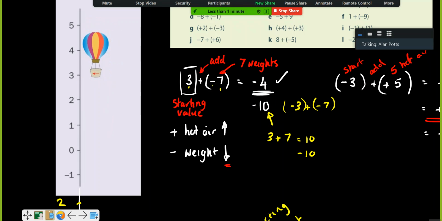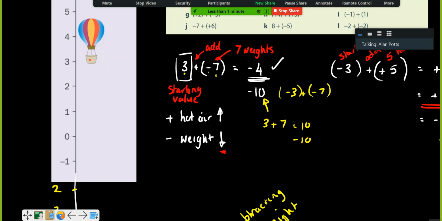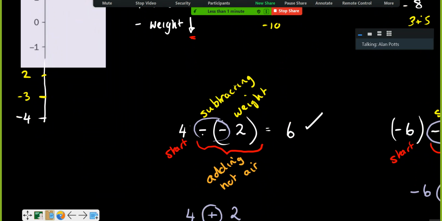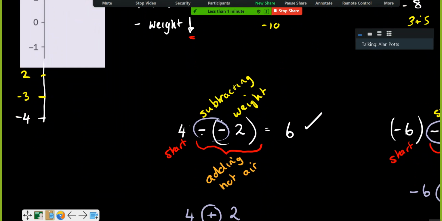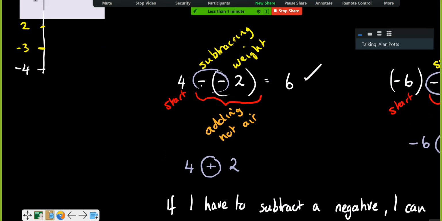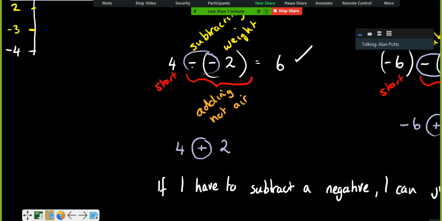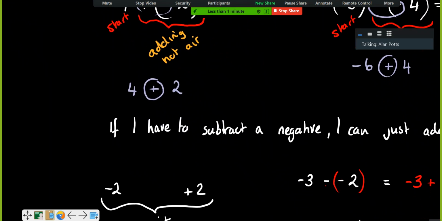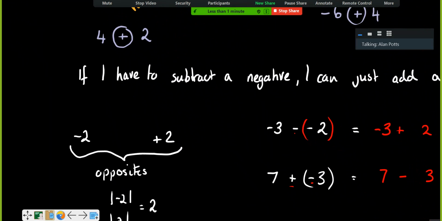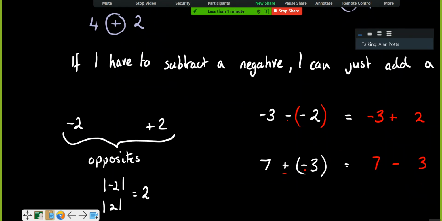And then you can consider it like you either add or subtract hot air or weight to make you go up or down the number line. And the thing that we've then discovered is that actually subtracting weights is the same thing as adding hot air. Right? So that can help you when you have to add and subtract with your negative numbers.